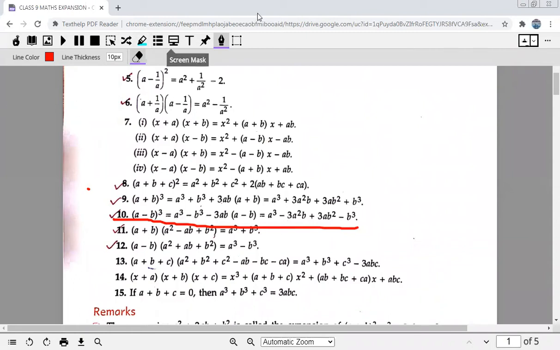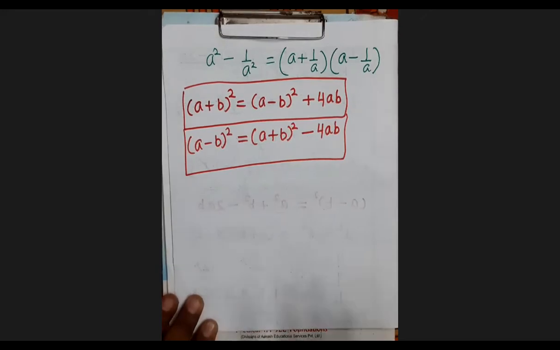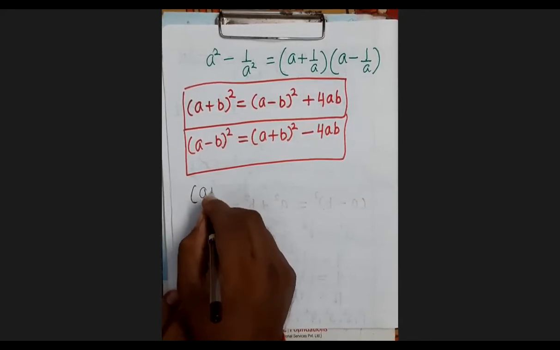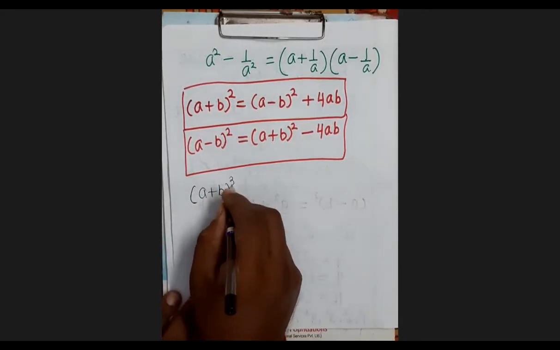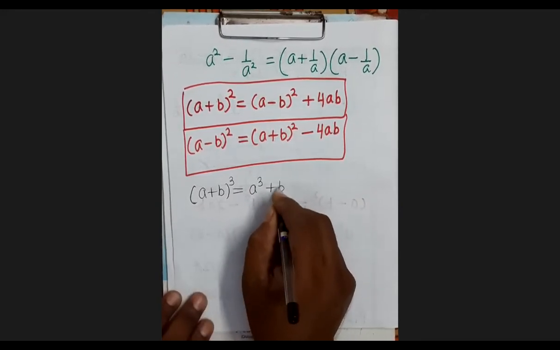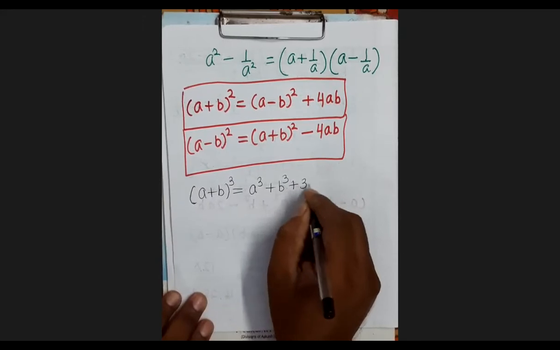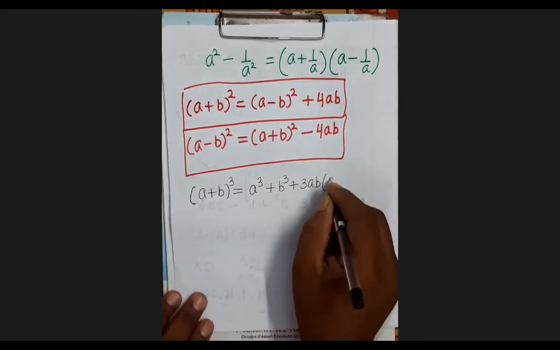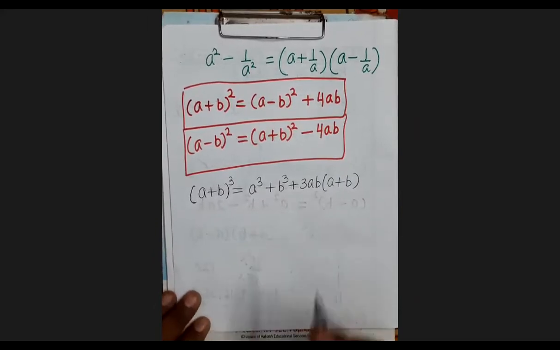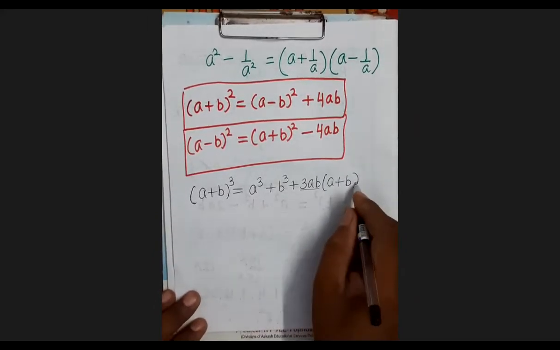Now see here, I am explaining these formulas once again. A plus B whole cube equals A cube plus B cube plus 3AB within bracket A plus B. Now you multiply 3AB within the bracket.